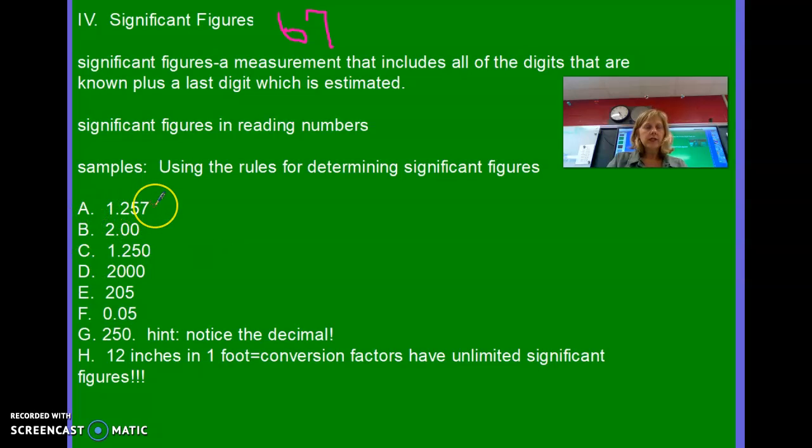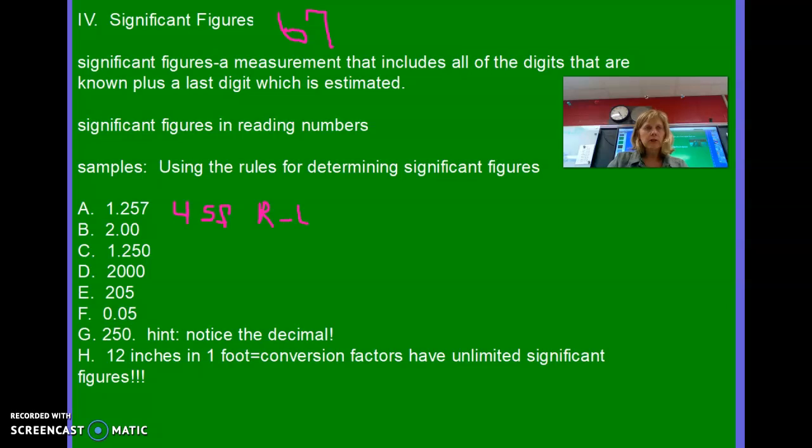Rule number 1 says every non-zero digit in a reported measurement is assumed to be significant. Since none of these are zeros, I'm going to assume that this is 4 SF. I say sig figs a lot because significant figures just gets really long. And I even am going to write down that this is rule number 1 for significant figures.